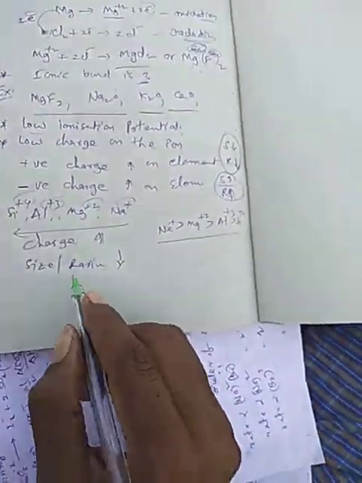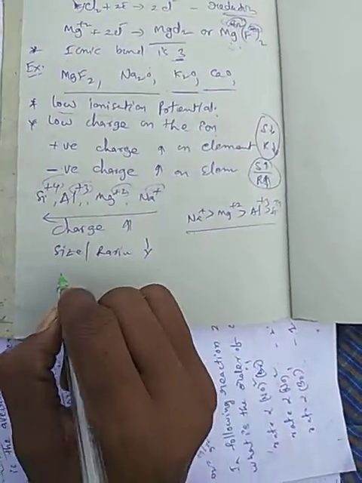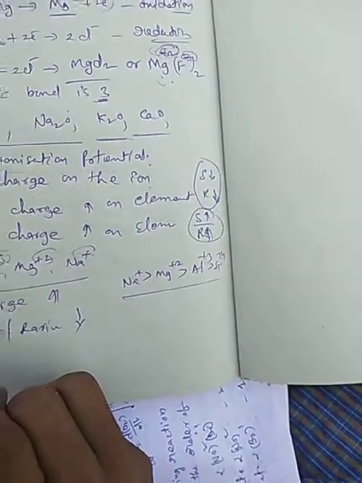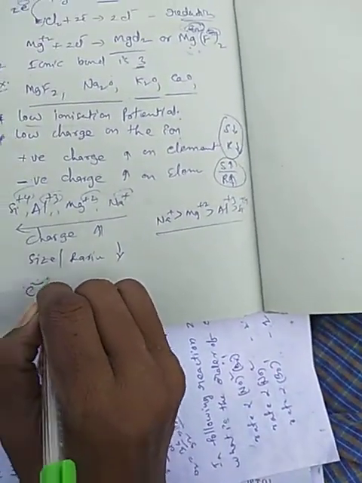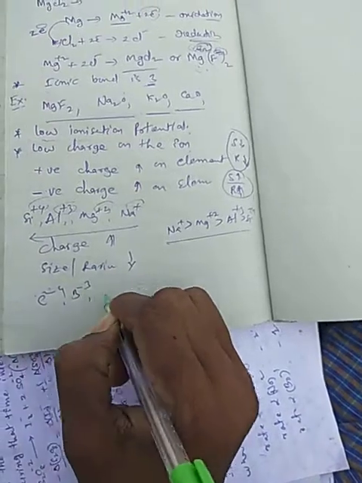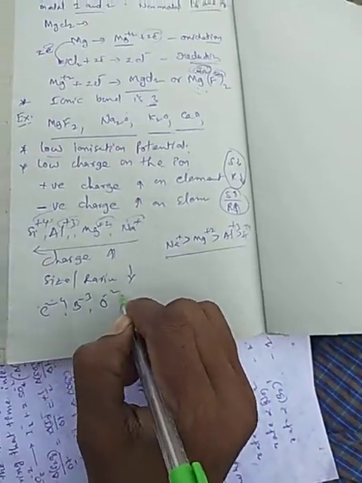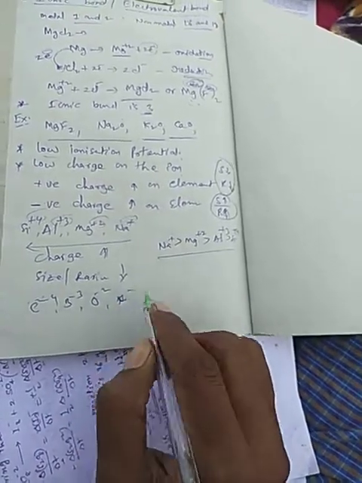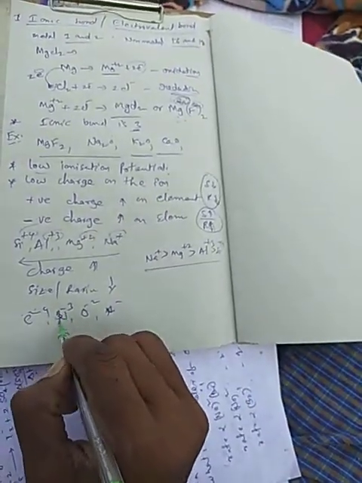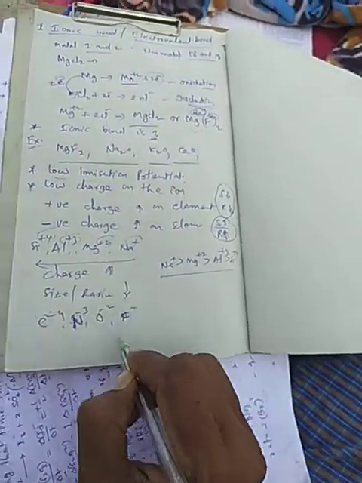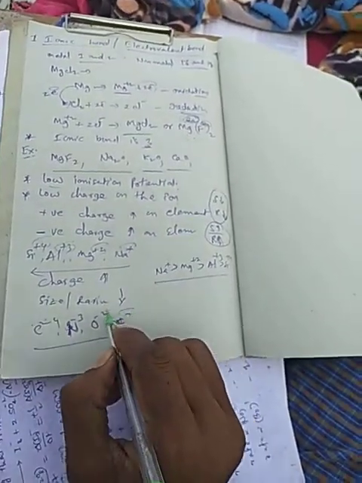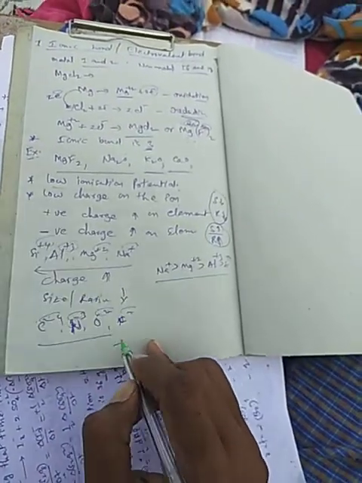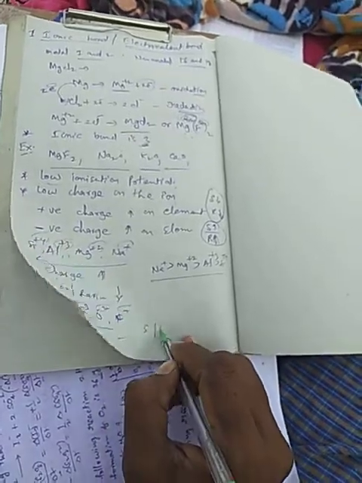Similarly, if we take negative ions, for example C4-, N3-, O2-, F-, as the negative charge increases, the size and radius also increase.